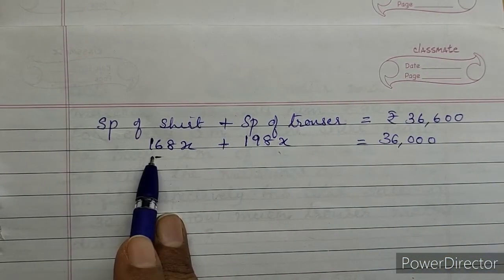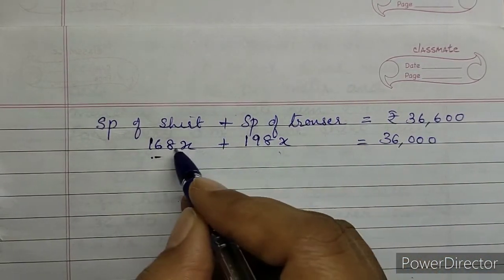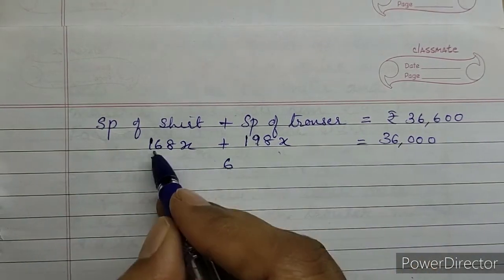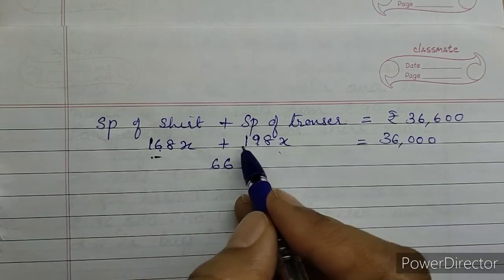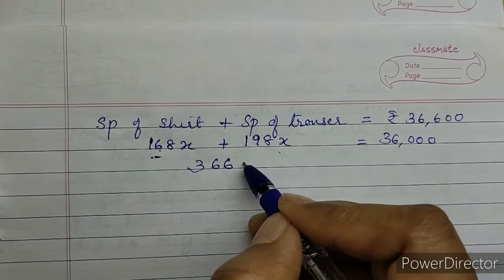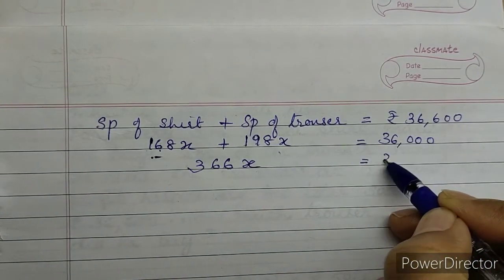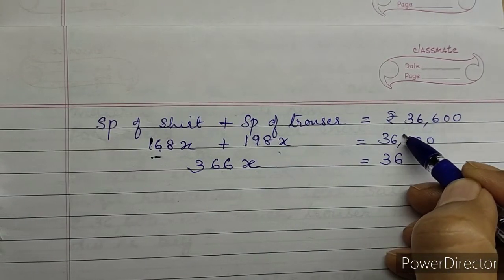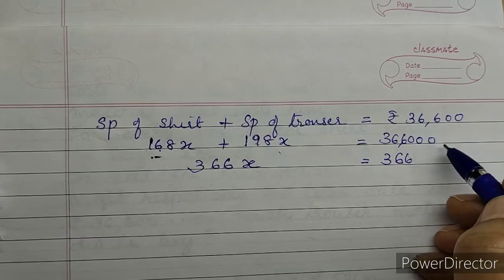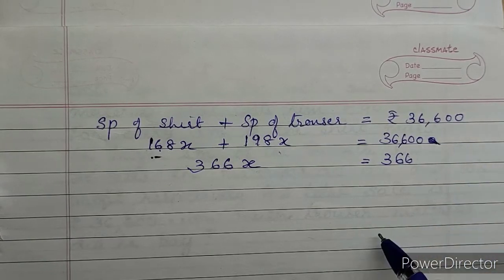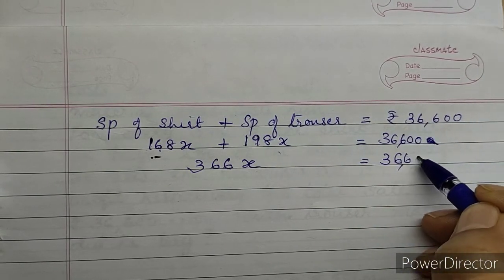Both you can add it. 8 plus 8, 16; 9 plus 6, 15 plus 1, 16; 1 plus 1, 2; 3. So 366x equals 36,600.